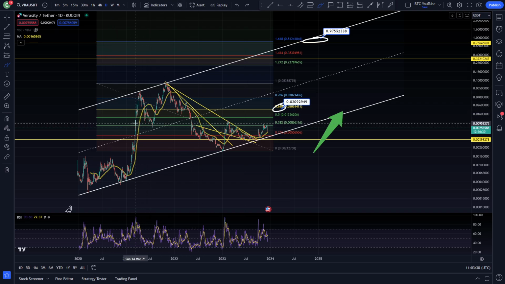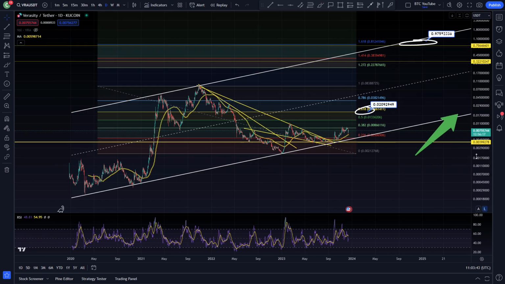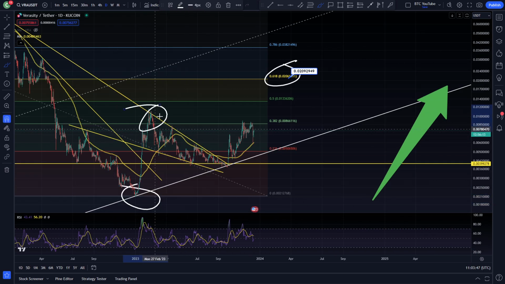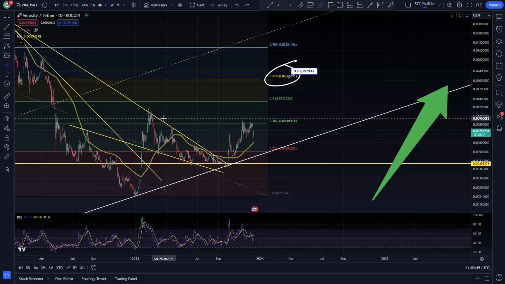You can see this was a previous area of support in the bull market that has become resistance here. It is around the psychological level of 1 cent as well, which is a big target for profit takers, like it was at the start of the year. Back here we did a 5x off the lows, all the way up to around 1.1 cents.